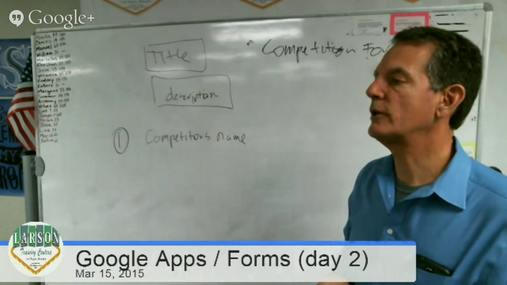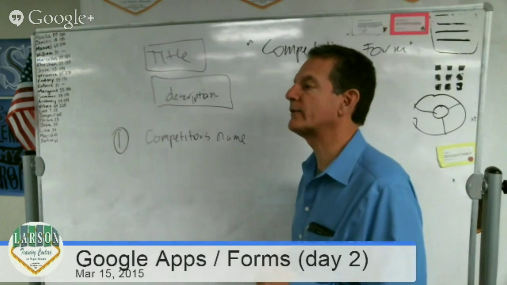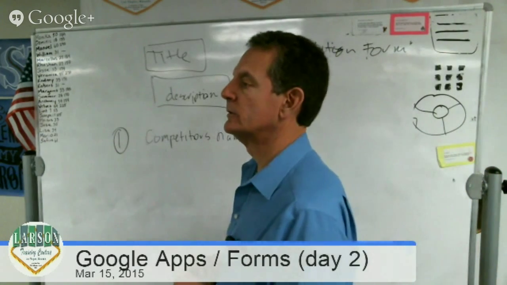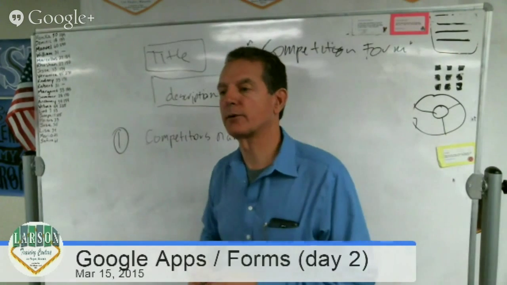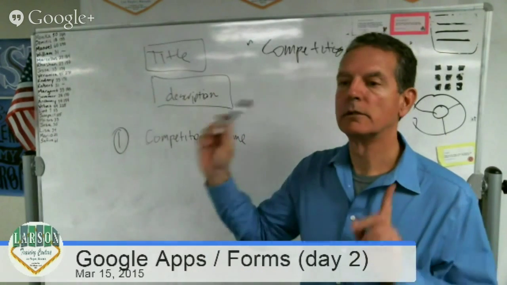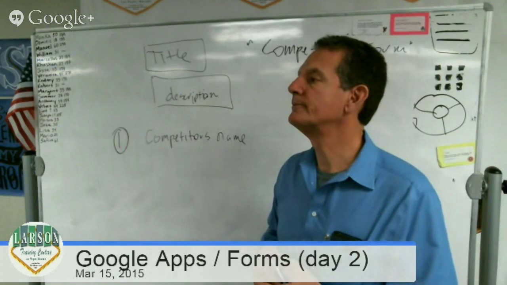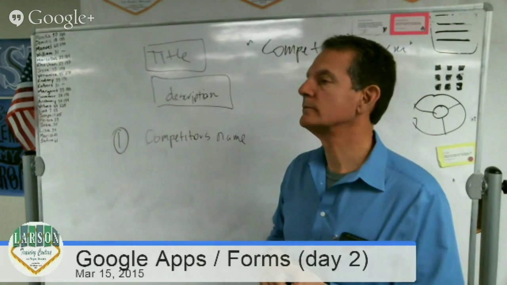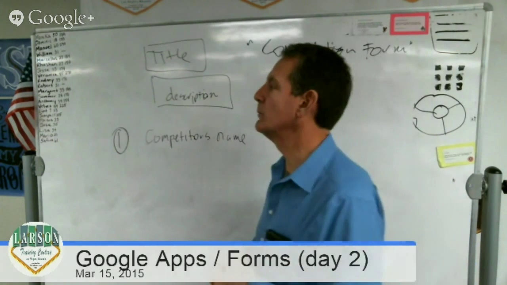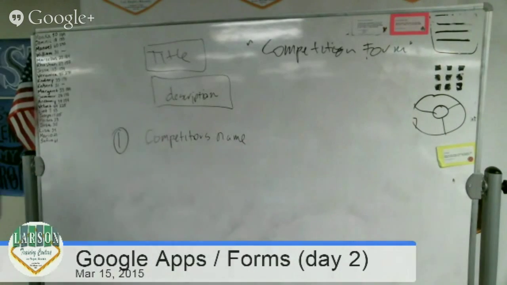That's the question that you are asking to be answered. Okay, but how do you create that first question? How do you go about doing it? No, we're creating the form. We're not filling out the form. Click in the box that says untitled question.